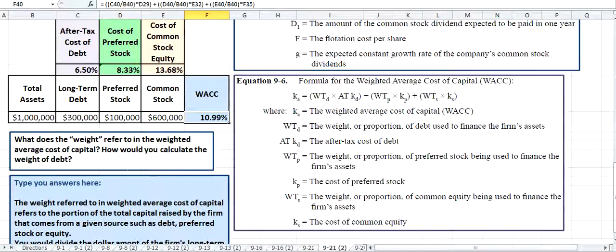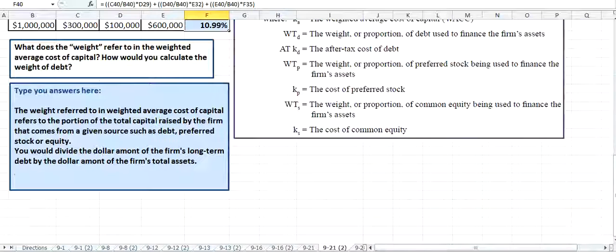When I divide the long-term debt by the total, that gives me the percentage of long-term debt, and when you divide the preferred stock by the total, that gives you the percentage that preferred stock is to your total assets. So that's what we mean by weight.